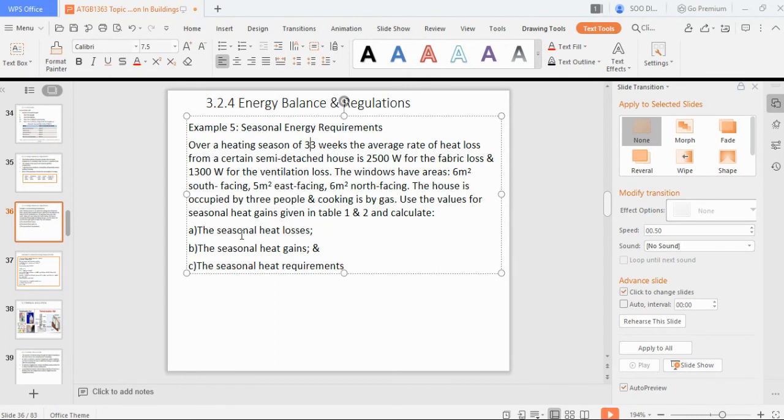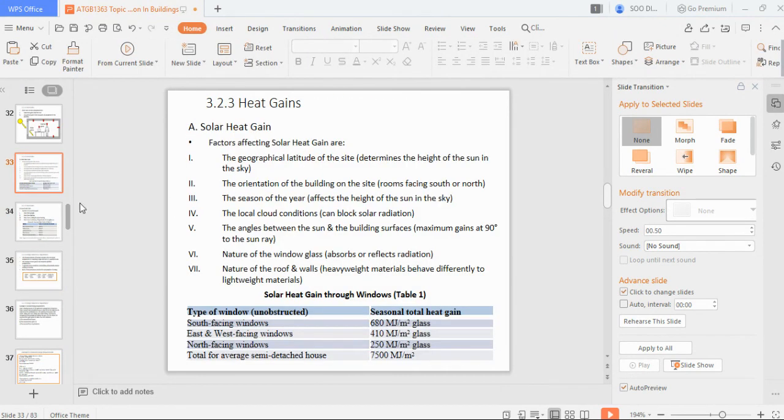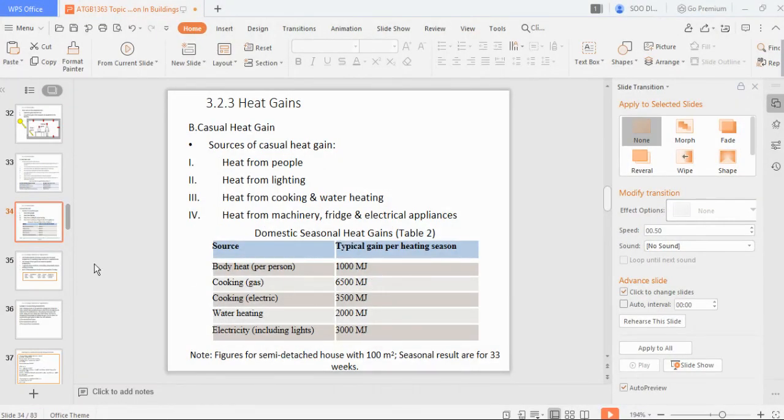You have to find the seasonal heat loss, seasonal heat gain, and seasonal heat requirement. The rest of the values are given in table 1 and table 2.